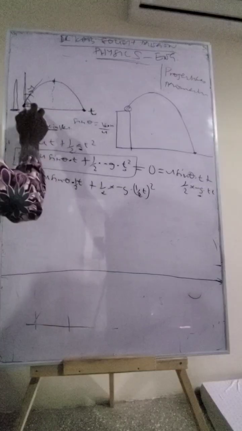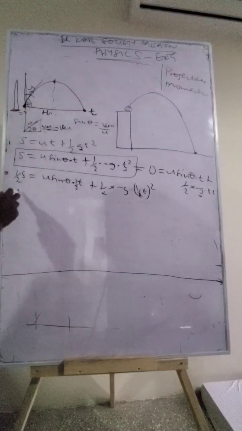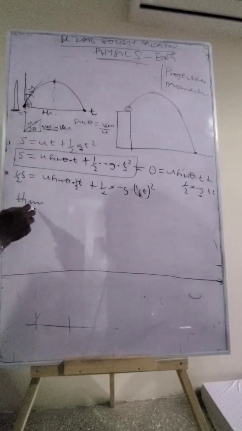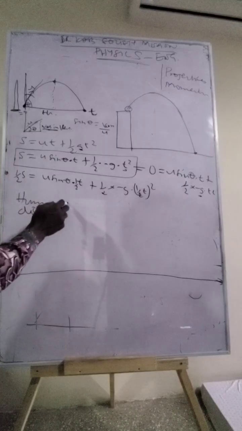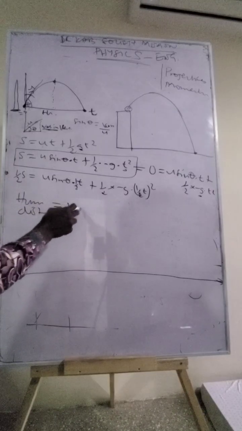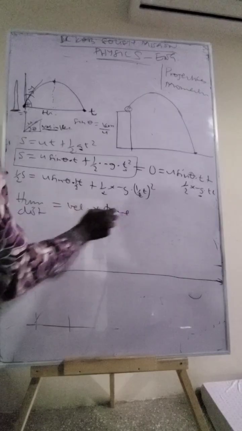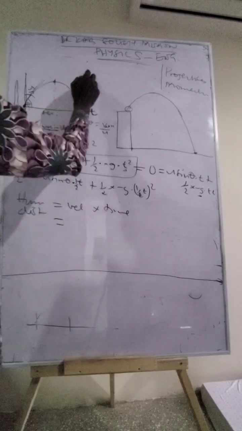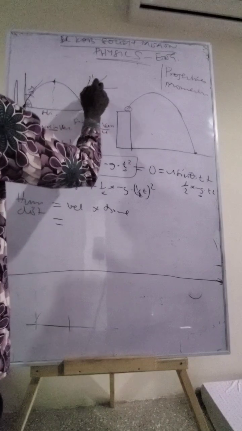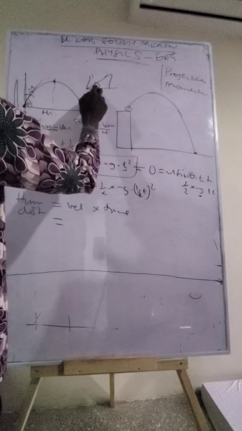So from here, let's finish with the horizontal distance. The horizontal distance is going to be what? Distance is always what? Velocity times time. Okay, but here the horizontal component is this. We want this horizontal component.